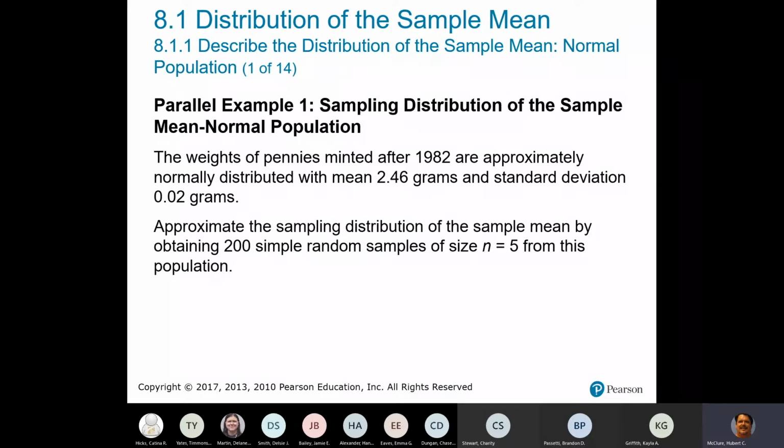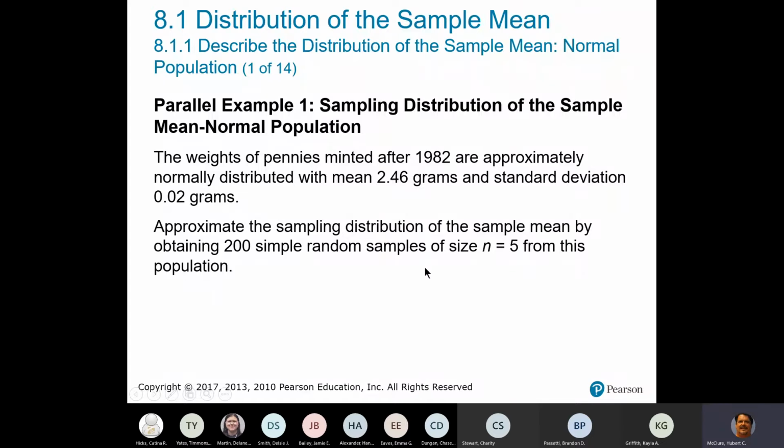That's one group. You're going to go out and ask 5 more people. That's 2 groups, all the way up to 200. A simple random sample means groups. It's going to be 5 people in group A, then group B, 5 more people, then group C, 5 more people, all the way up to group 200.